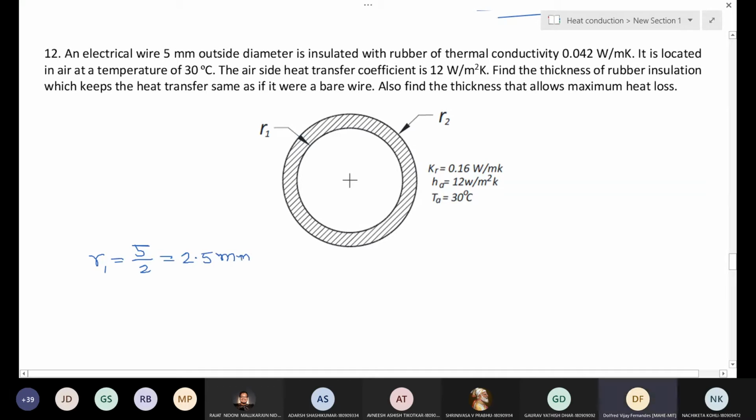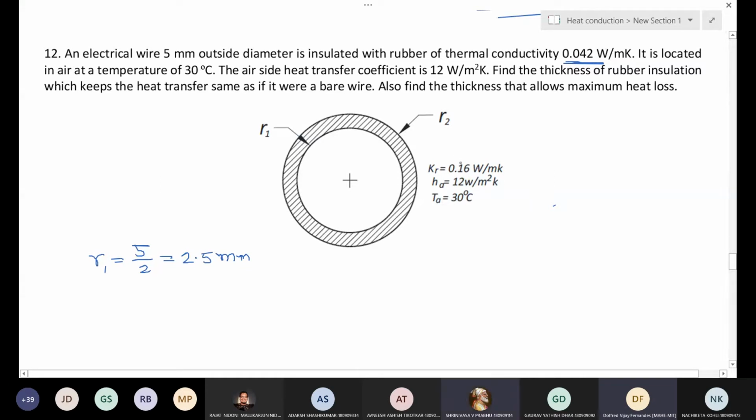And the rubber has a thermal conductivity. I have changed this value here, but usually rubber has a thermal conductivity of 0.16. But if I take 0.16 for this radius, then the critical thickness of insulation is very large. So that's why I have changed the K value to 0.042.